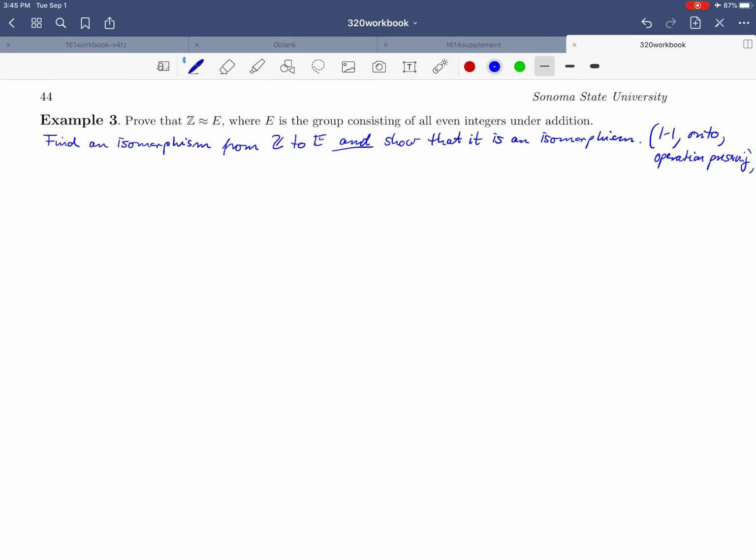It's operation preserving. I hope you can still read that. So those are the three things we need to show. So we have four things to do here. We have to find an isomorphism, and then once we have it, we have to show that it's one-to-one, onto, and that it preserves the operation.